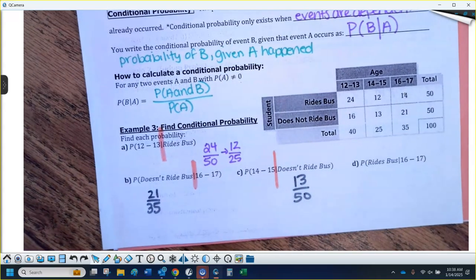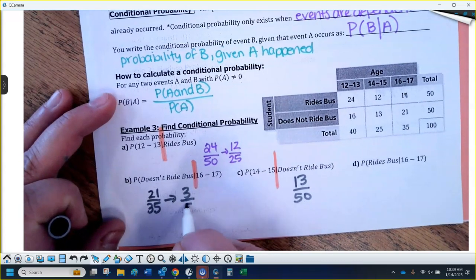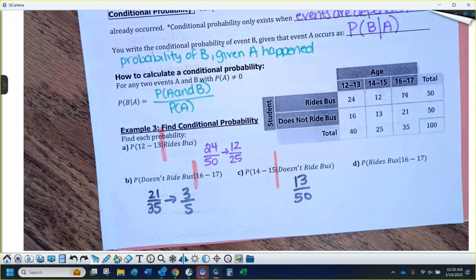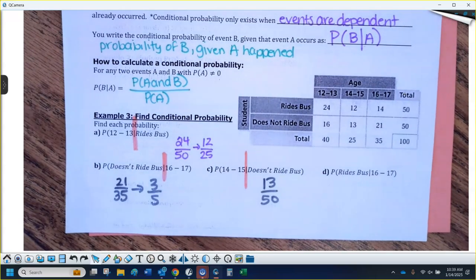And that does not reduce, yes. Of course it does. Thank you. Oh yeah, because they're both divisible by 7. Now I feel like a moron. Okay, 13 and 50 don't have anything in common though, so I don't think that reduces.